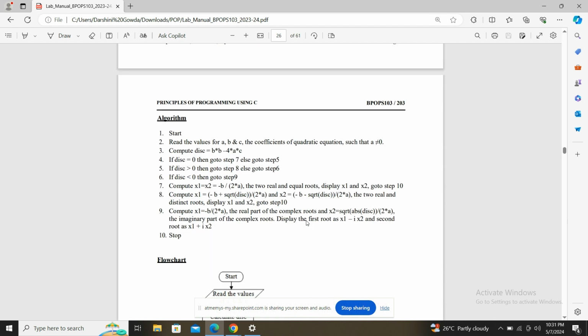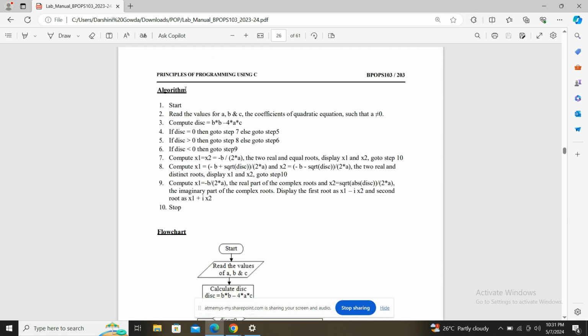Now let us move our discussion to the algorithm. As usual, the first step of the algorithm is to start the procedure. The second step says to read the values for a, b and c, that is the coefficients of the quadratic equation, such that a is not equal to 0.